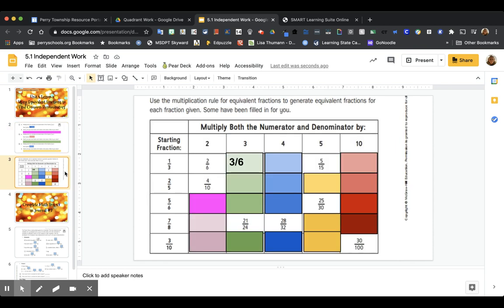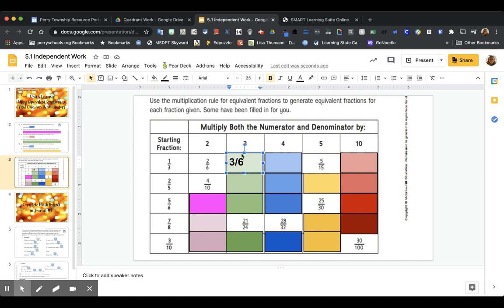The next slide says to use the multiplication rule for equivalent fractions to generate equivalent fractions. Again, this is just like what we did in our book, except now you're filling it out digitally. I filled out this one here for you. I did 1/3 times 3/3. So I did 1 times 3 was 3. 3 times 3, whoops, messed up on that one.